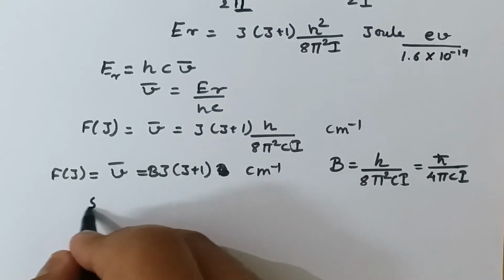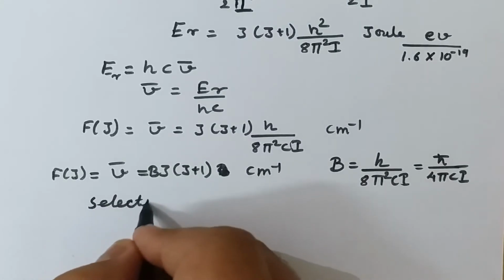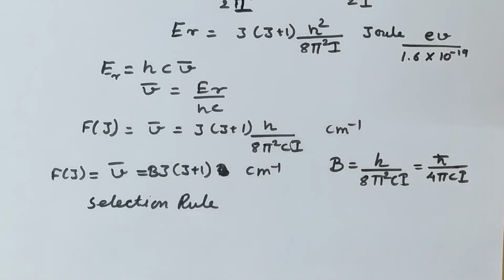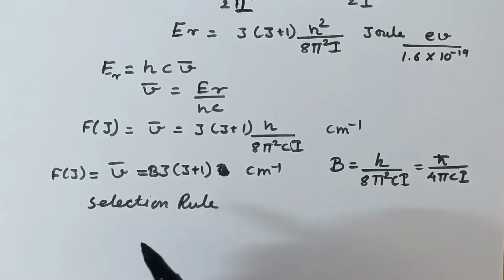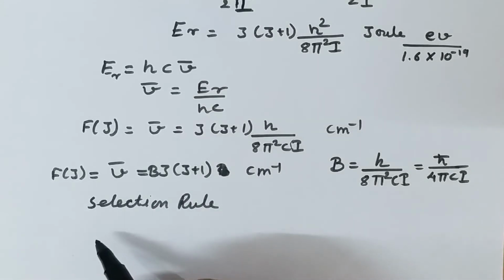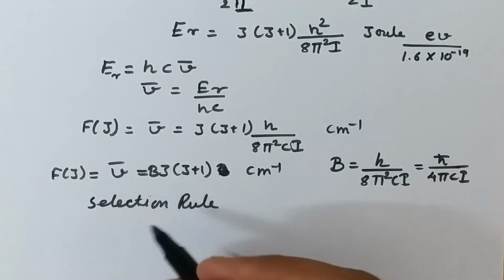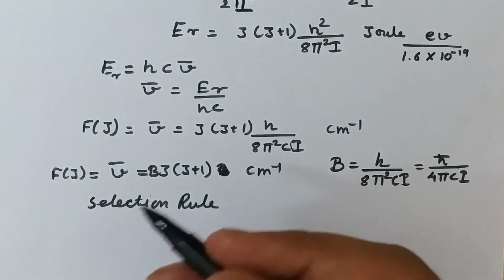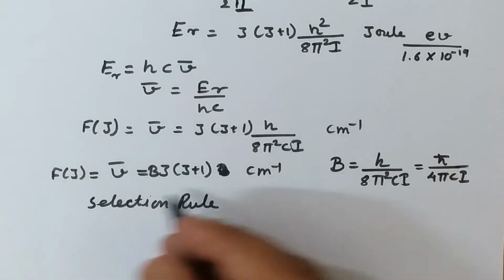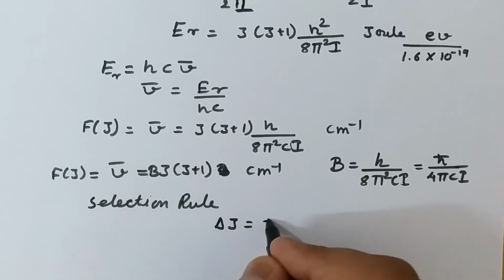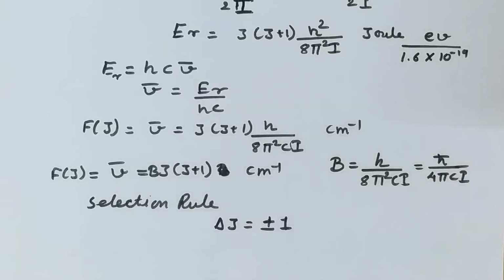In order to obtain the spectral lines we will be taking the help of a term which is known as selection rule, and this selection rule is derived from the time dependent perturbation theory, which is a part of quantum chemistry, and we don't need to know it over here. So for rotational transition for a rigid diatomic molecule, the selection rule is given by delta J is equal to plus minus 1.